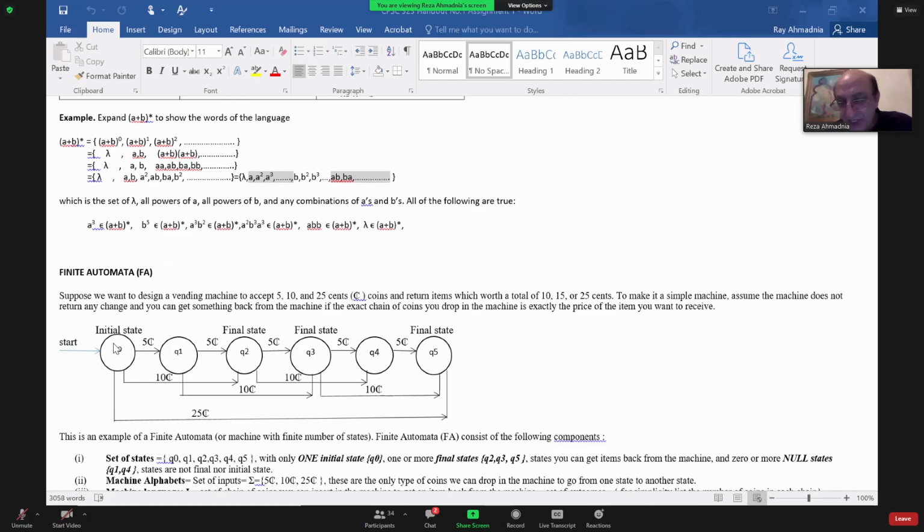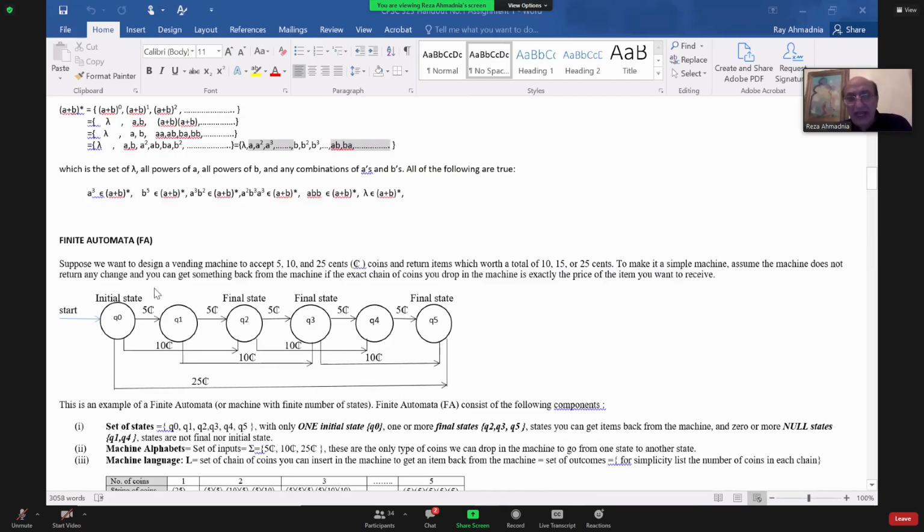One is the initial state, some of them are final states, and the rest of them are null states here. So Q0 is initial, Q2, Q3, and Q5 are final states, and then Q1, where nothing is going to happen, and Q4, where nothing is going to happen, are called null states here.